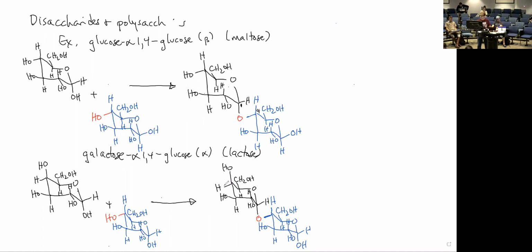Oops, I seem to have erased something by accident. Polysaccharides. There we go, that's better. And incidentally, once you understand disaccharides in principle, you understand polysaccharides, because we could keep doing this if we wanted to, and put on a third and a fourth and a 40th and a 400th.